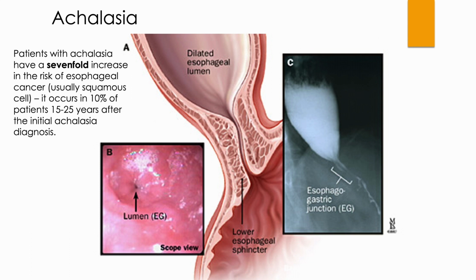So these patients do require surveillance to look for tumors since they are at higher risk. And the good thing is that many times these patients tend to get dilations or pneumatic dilations, where you go in with a balloon and kind of dilate. And while you're doing that, you can also take a look for signs of cancer.